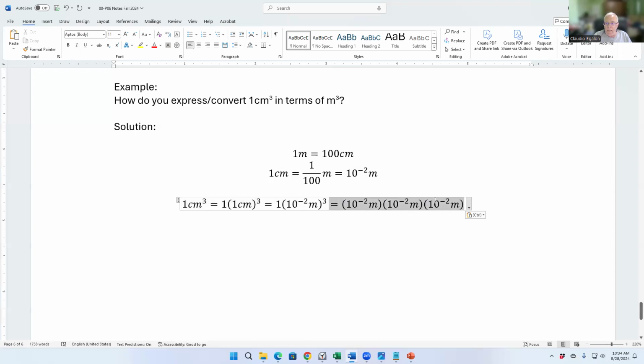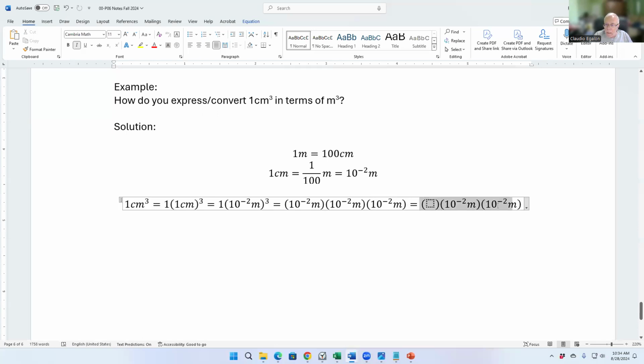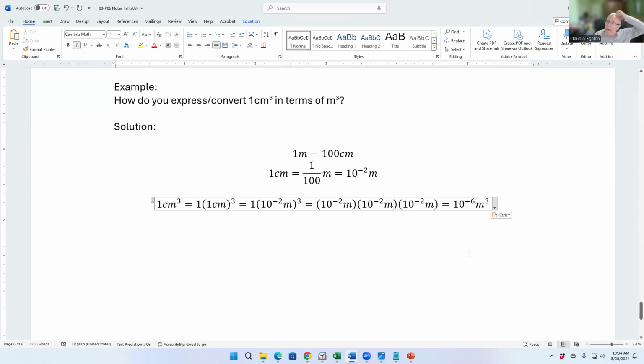And then what you get is 10 to minus 6 meters, cubic meter, like that. Okay? That's what 1 cubic centimeter is all about. Okay?